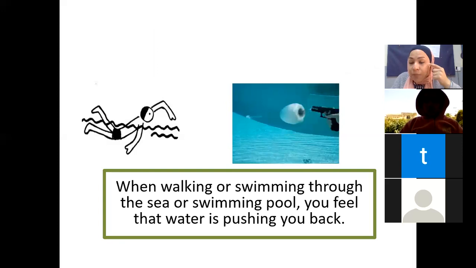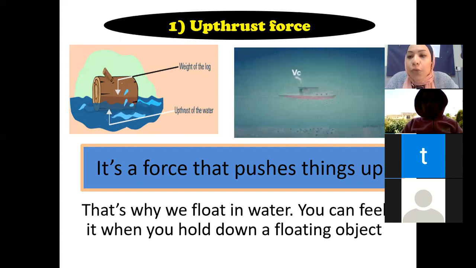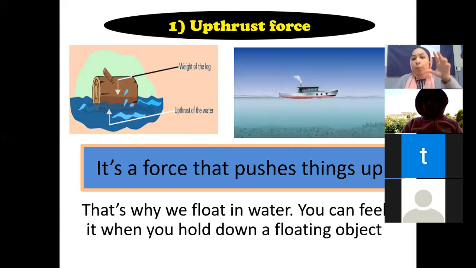Yes, exactly. So this is another type of water resistance that we call upthrust force. Upthrust force. So the upthrust force is the type of force that makes things float.